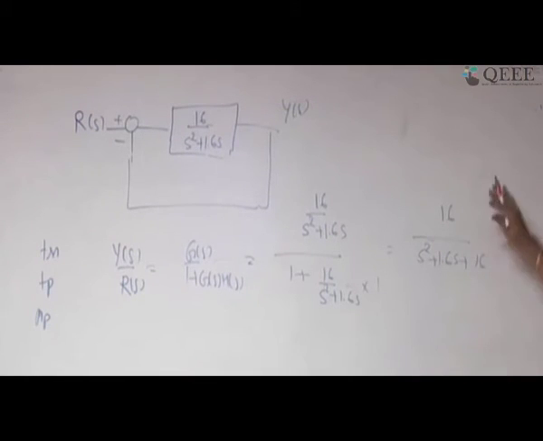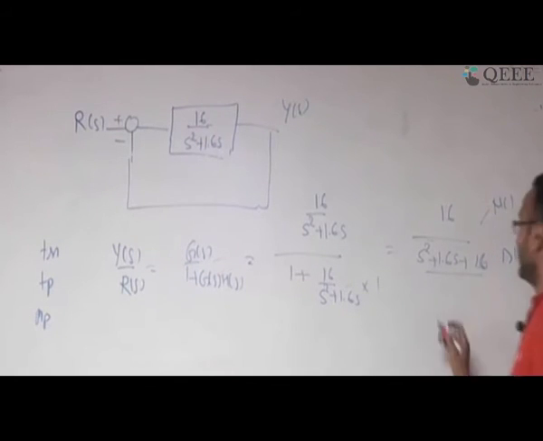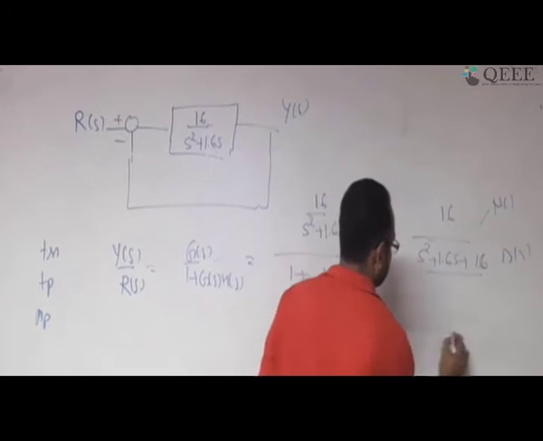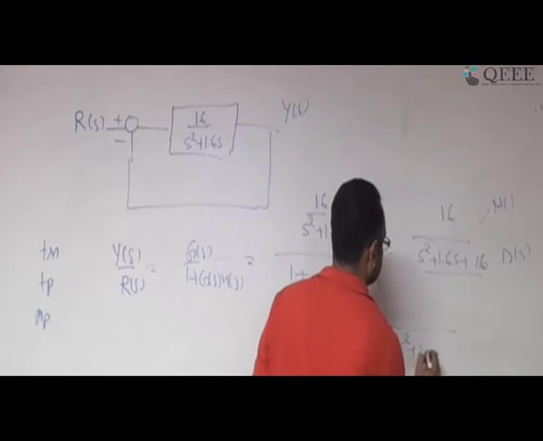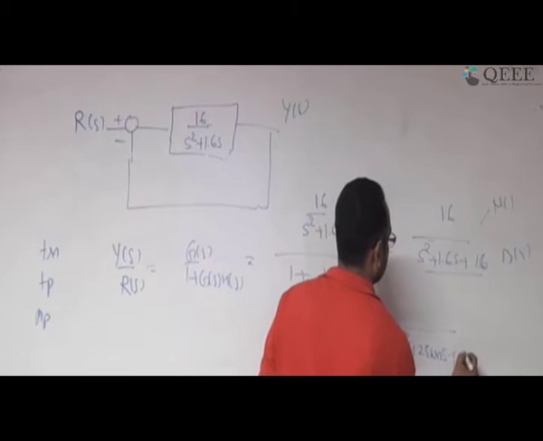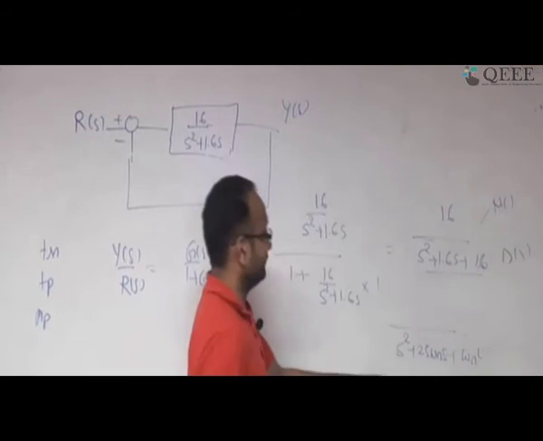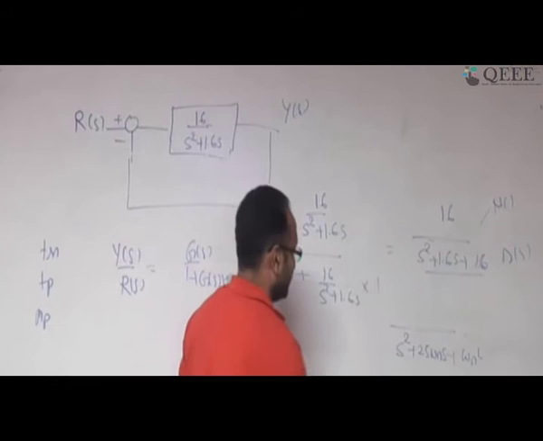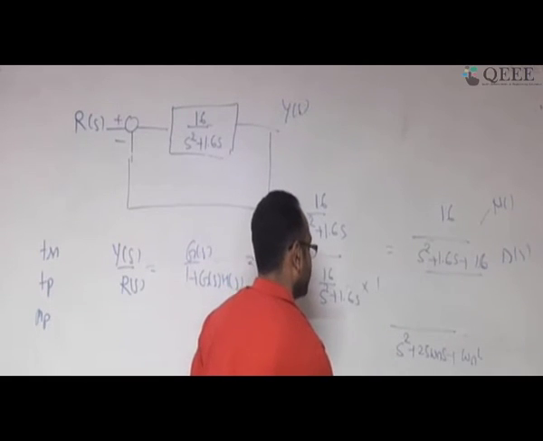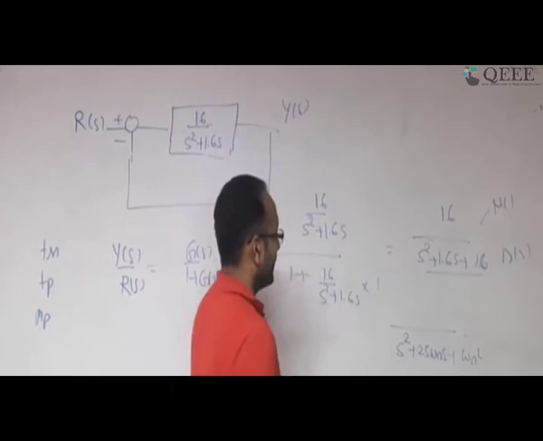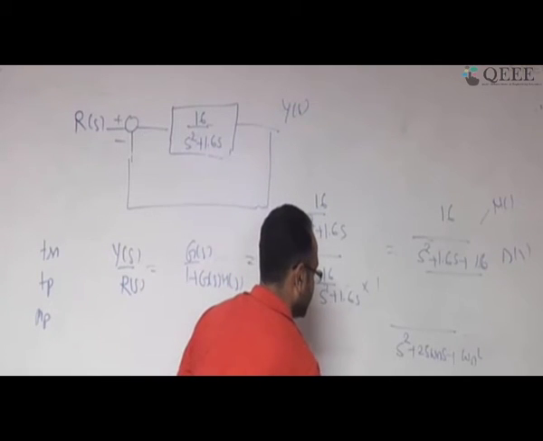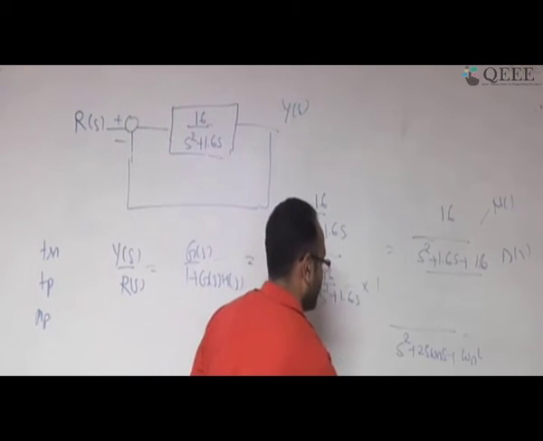So this system has an entire transfer function like this. This is your numerator and this is your denominator. Now you know that this is a second order system, so you have to compare it with the standard form. And what is the standard form? s square plus 2 zeta omega n s plus omega n square. If you compare these two equations, omega n square is going to be 16, and 2 zeta omega n is going to be 1.6.